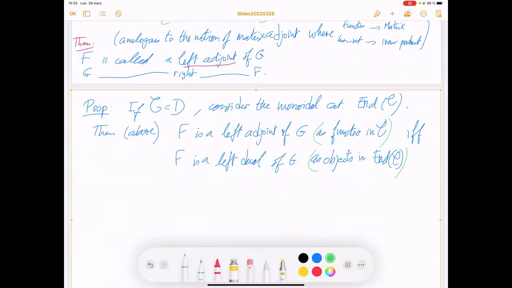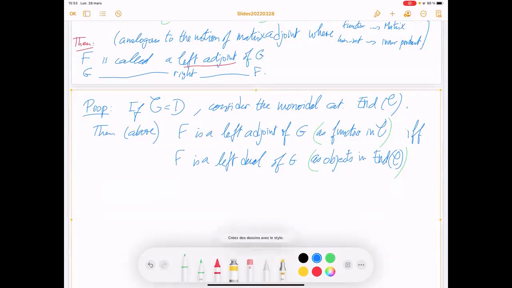But since it is a specific one, we can completely cover the notion of left adjoint from the notion of left dual. So in that sense, the notion of left dual generalizes the notion of left adjoint, because it can be covered on a specific monoidal category.